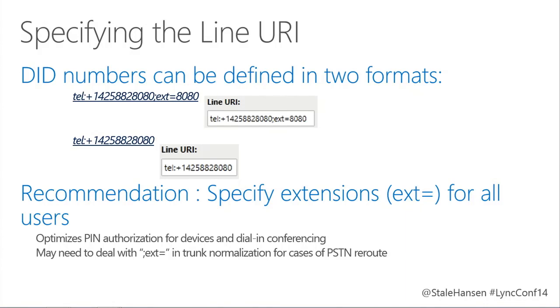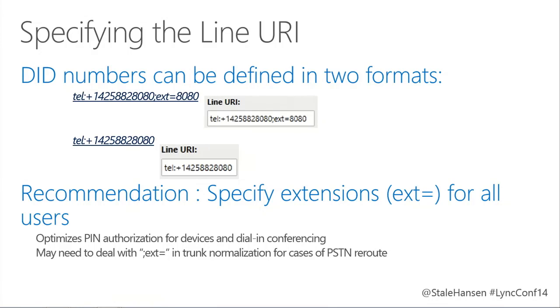So what do we need the extension for then? Well, 3 things. You can use the extension when you log into Lync Phone Edition, so you don't have to type the whole number and use a PIN code to authenticate. You can authenticate into dial-in conferencing using your phone number or your mobile phone, and open a meeting when dialing into dial-in conferencing.